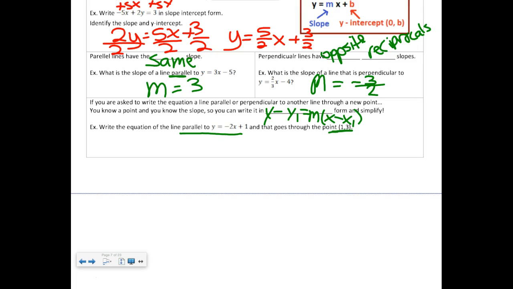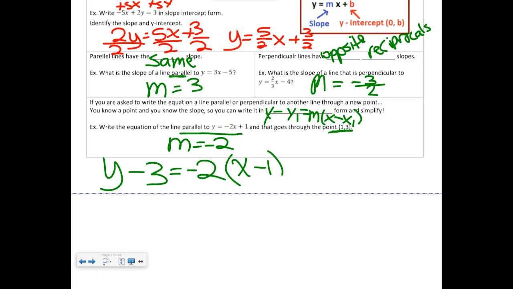So what would our slope be if it's parallel? -2, yep. Since I have a slope and a point, I'm going to say y minus 3 equals -2 times x minus 1.